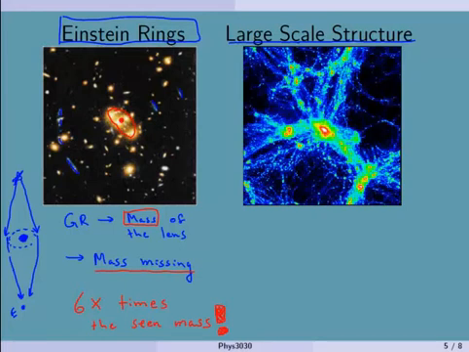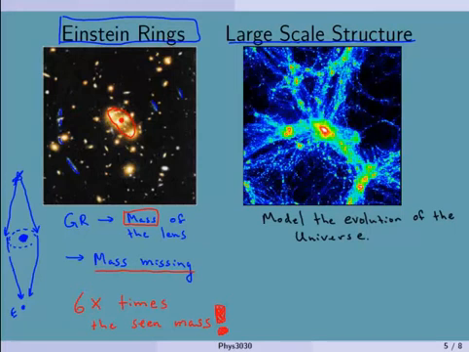If I look at models of the universe, astrophysicists will model the evolution of the universe, knowing what we know about physics, all of that stuff we talked about the early universe a few lectures ago.